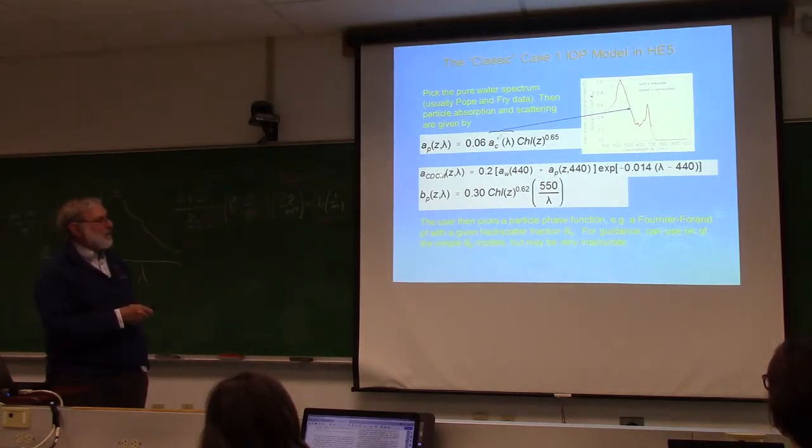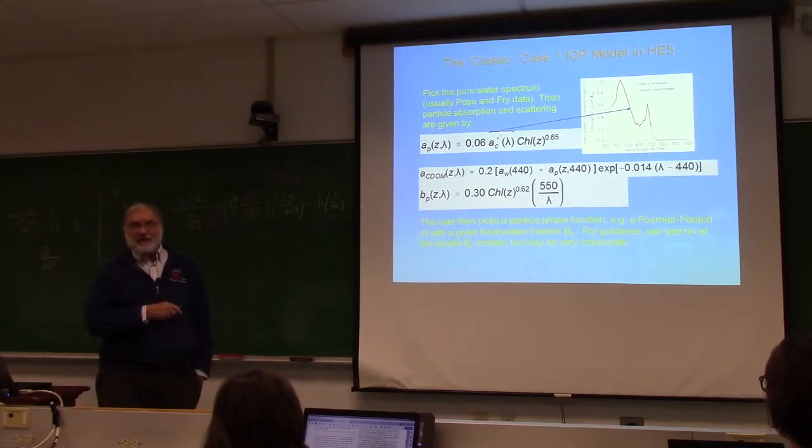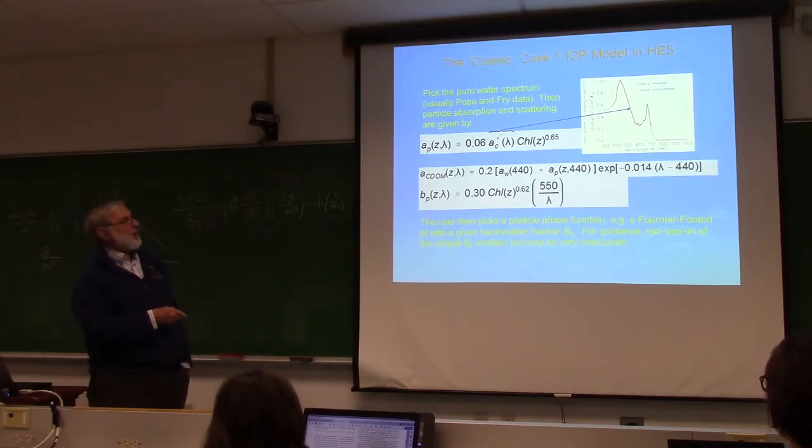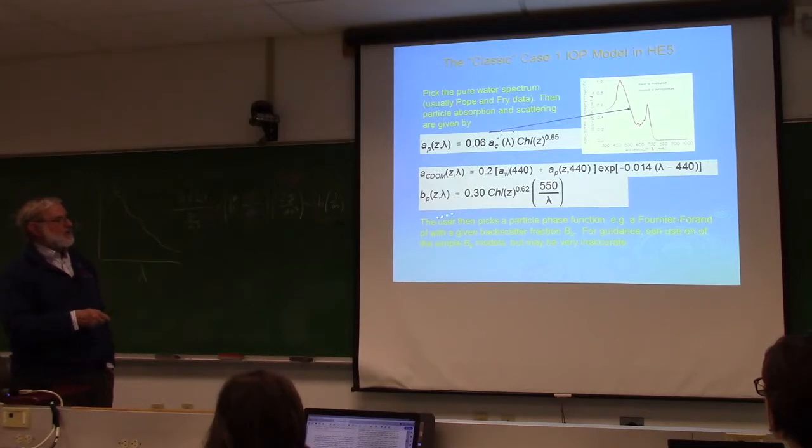For CDOM, people often took the absorption by the chlorophyll-bearing particles, added in pure water, took maybe 20% of that, an exponential in wavelength, and that gives absorption by CDOM. And then there's the scattering. So when you run Hydrolight, there's a classic case 1 IOP model. There's the equations that are in it. You pick the chlorophyll and it plugs in these equations and away you go.